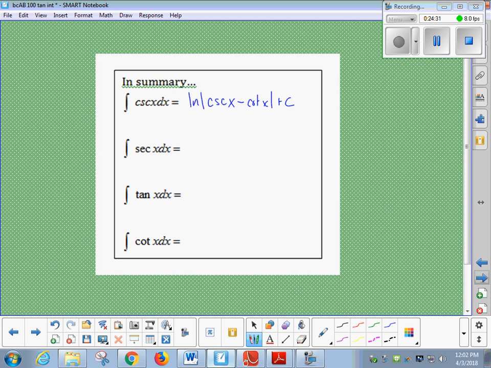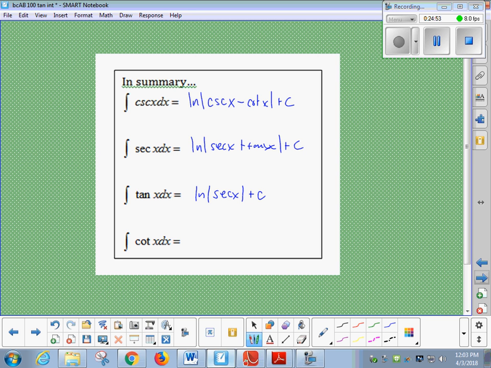The antiderivative of secant is natural log of secant plus tangent. Tangent comes from sine over cosine, but you pick up a negative, so it's natural log of secant plus c.